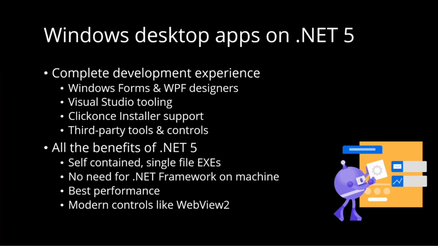So if you get into .NET Core 3.1 and now .NET 5, you get great support for high DPI displays. You now have designers for Windows Forms and WPF. That was one of those last hurdles that a lot of folks had before they could say, I want to build with Windows Desktop using .NET Core, .NET 5.